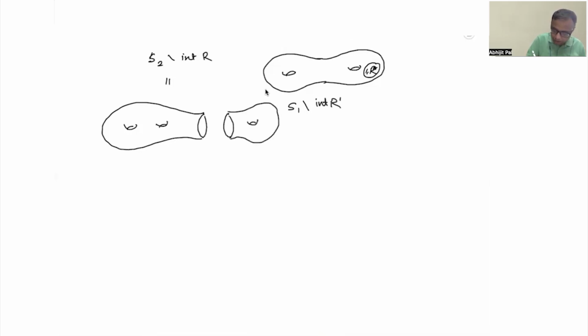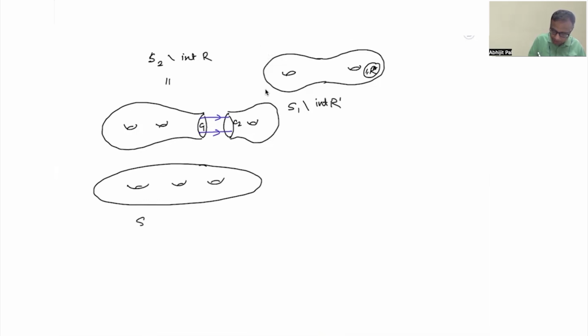Again, I can put a metric on these two surfaces with boundary component such that the length of C1 is equal to the length of C2. Then you glue along this C1 and C2, and you'll get a surface of genus 3 which does not have any boundary.